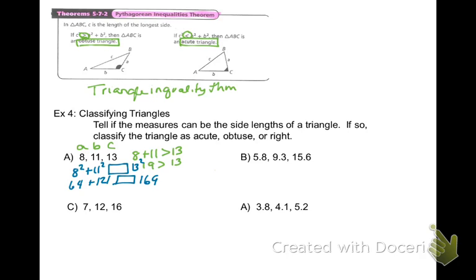So I have 64 plus 121 equals 185, and that is greater than 169. Since c squared is the smaller number, this is an acute triangle.